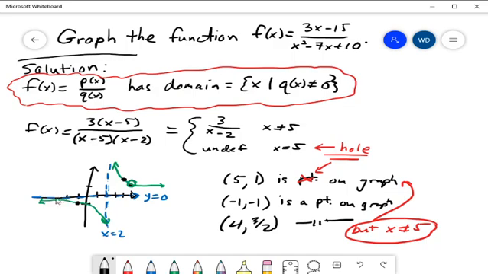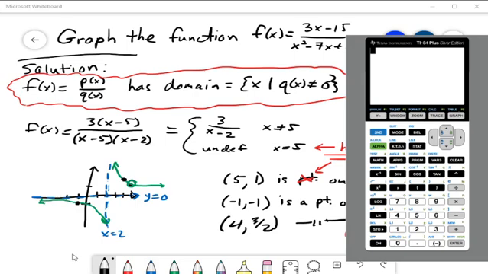Once again, if you have a graphing calculator, you can always check your work. So let's go ahead and check to make sure that it looks like it should. If I go y equals, let's clear out my old stuff here, put 3x minus 15 in parentheses, then divide that by the original equation, just in case you made a mistake in some of your arithmetic or algebra before you started finding asymptotes.